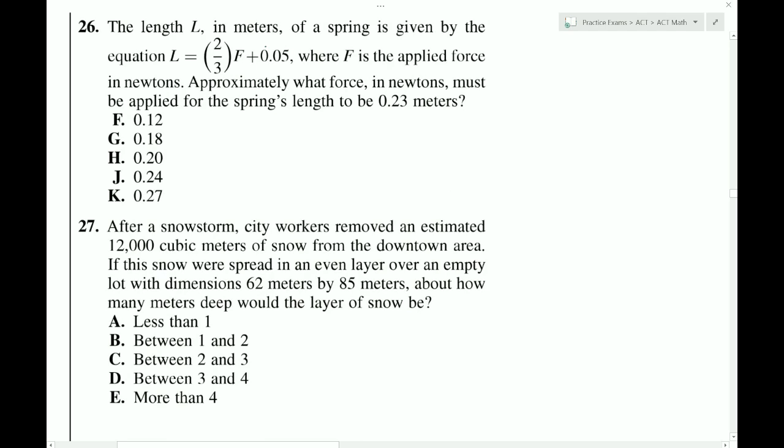The length L in meters of a spring is given by this equation, where F is the applied force. Approximately what force must be applied for the spring's length to be 0.23? So we want L to be 0.23. So we set that equal to 2/3 F plus 0.05. One thing to note here is, notice how they do 2/3 and the F is kind of in the middle, and so is the equal sign.